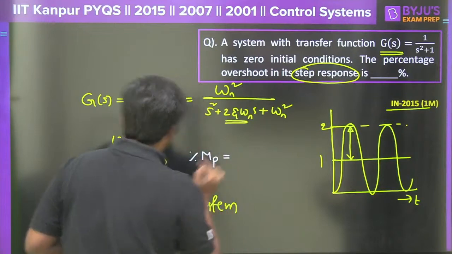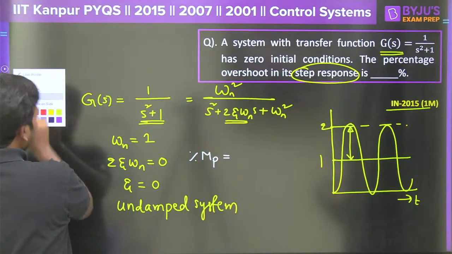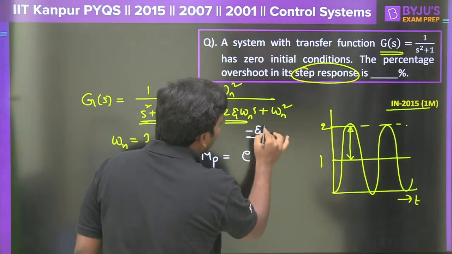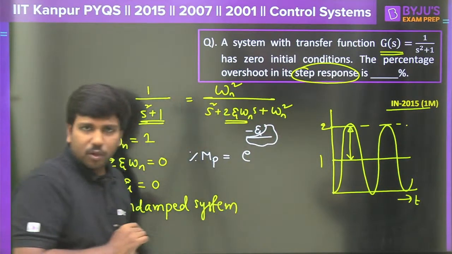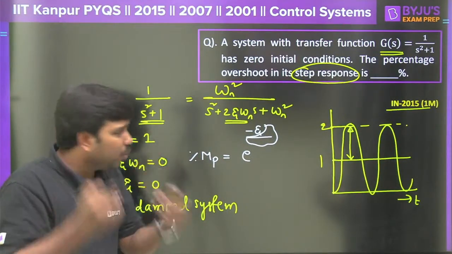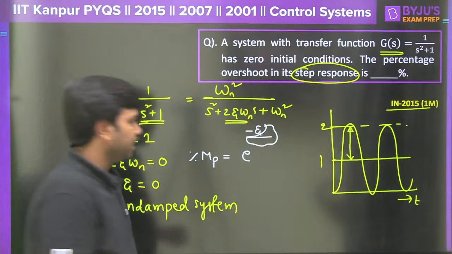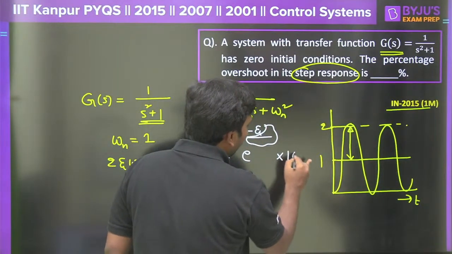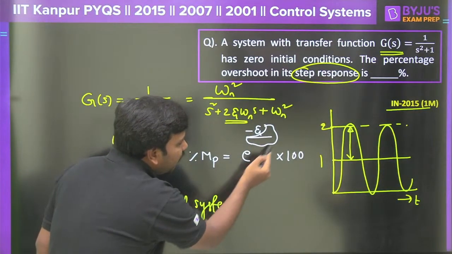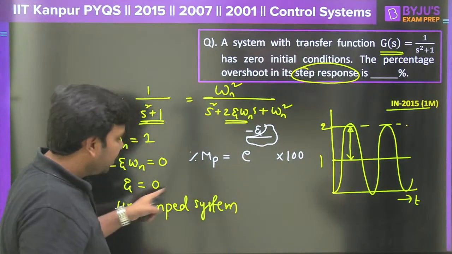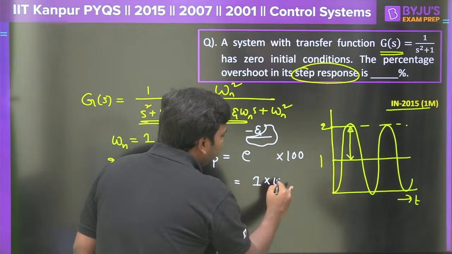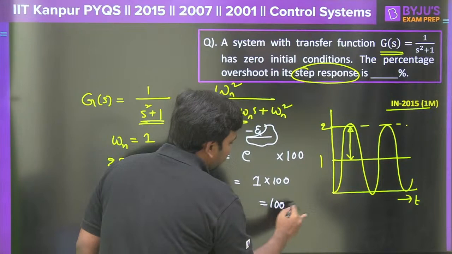You can directly use the percentage of peak overshoot formula, multiplied by 100. You can simply see that zeta is there, multiplied by so much of factor here, and as the zeta value is 0, straight away I can say 1 into 100. So obviously this is going to be equal to 100%, correct?